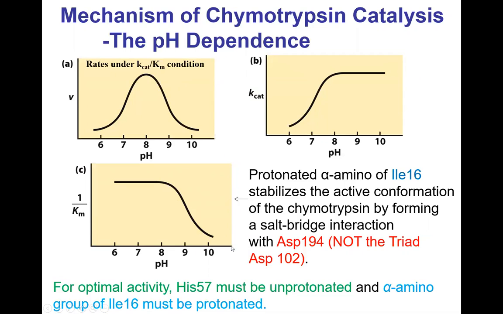People then went and looked at the crystal structure, and they found out that indeed, the protonated form of the alpha amino group of isoleucine 16 forms a salt bridge interaction with another aspartate, not the aspartate of the catalytic triad, but aspartate 194. And that is important for catalysis. Okay, so that's how people figured out the mechanism. Cool.